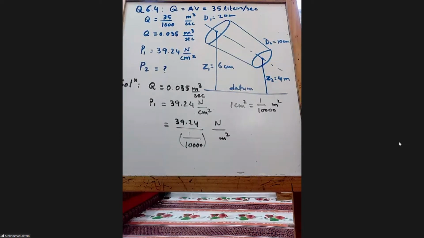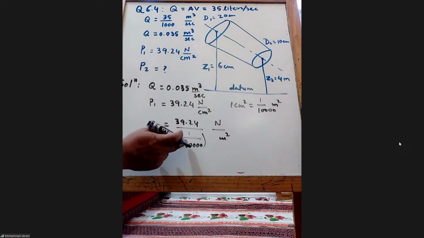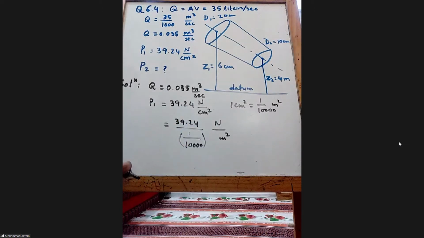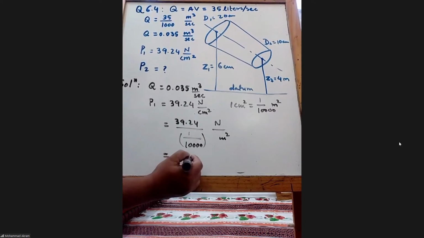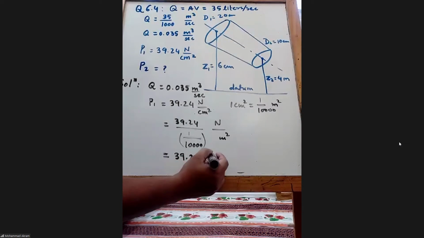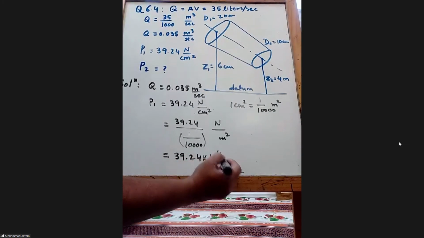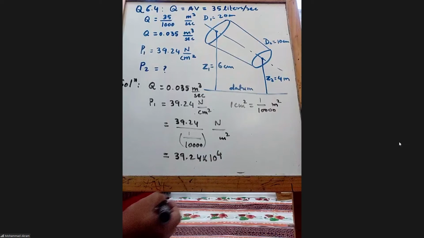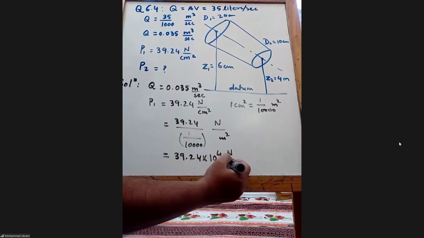So here it is in the double denominator, so it will come up to the numerator and multiply, right? So how much is the final result? 39.24, so basically you need to multiply with 10 raised to 4, Newton per meter square.